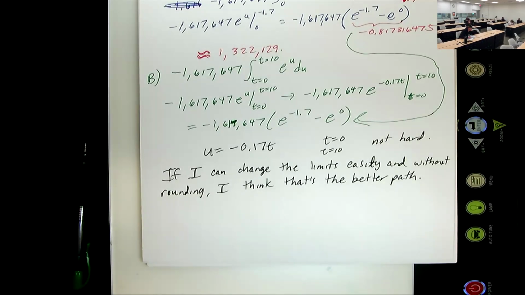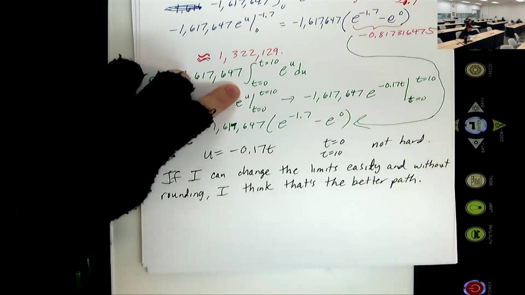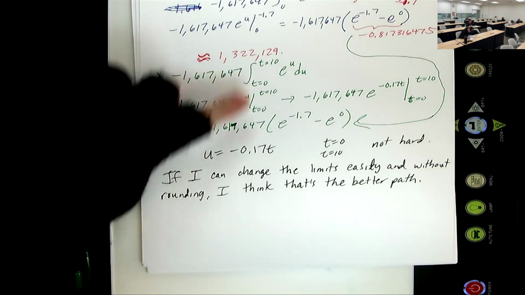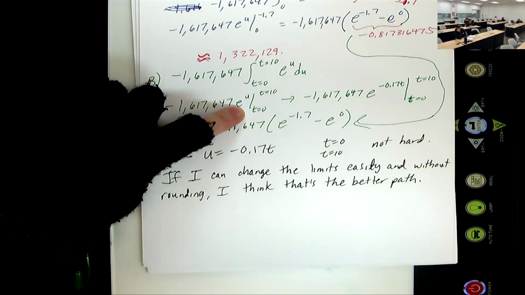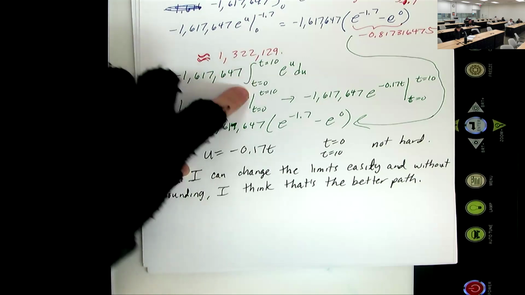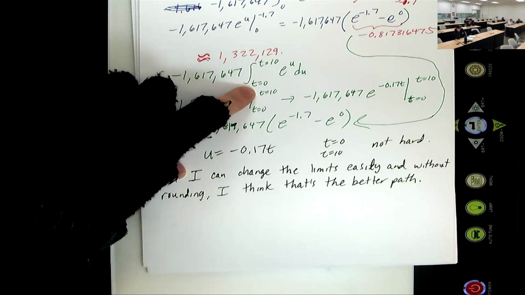If you don't, you have to remember to switch back. You have to make sure you put these t's in up here, you gotta put the t's in here. And as soon as you stop doing that, you're wrong. It's easy, like if I don't have these t's here, if I just have 0 to 10 here. All it takes is a text message, a car alarm to go off.